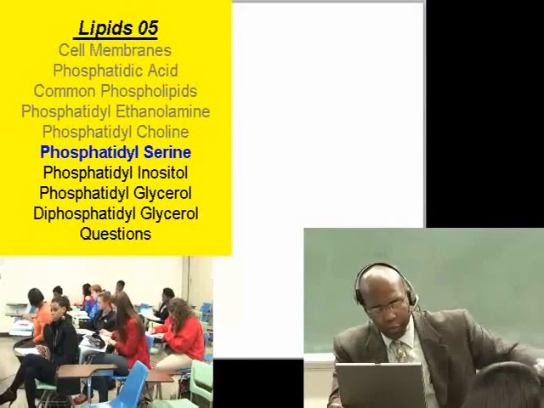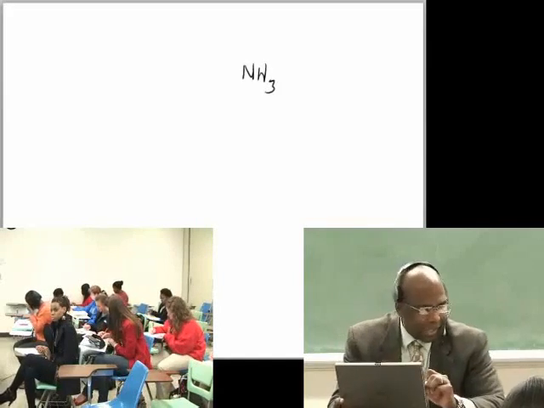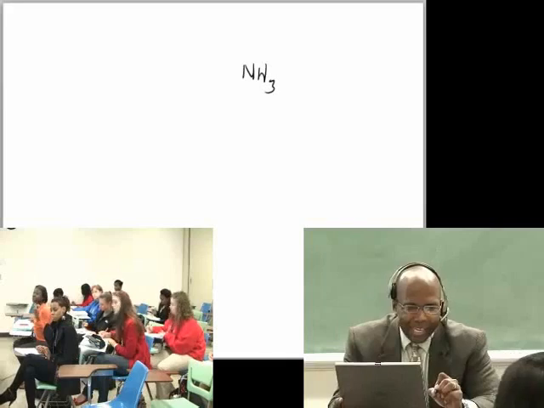Okay. I'm just going to draw this structure because you already know what serine looks like. Let's draw serine. NH3. Actually, let me do something because I want to show you all something that's really strange, almost.